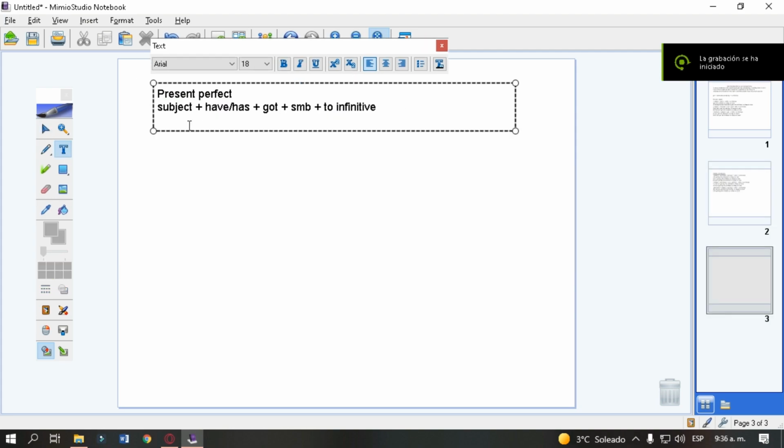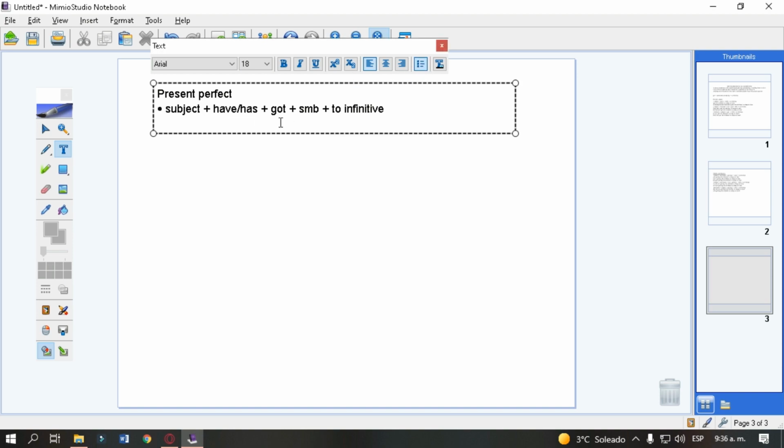Okay, let's go with present perfect. How do we work? We are going to need a subject, have or has depending on the person, got, the past participle of get, somebody, and the verb in the infinitive. Why? In this case, have is what tells us that it's a perfect tense. We use have for present perfect sentences.